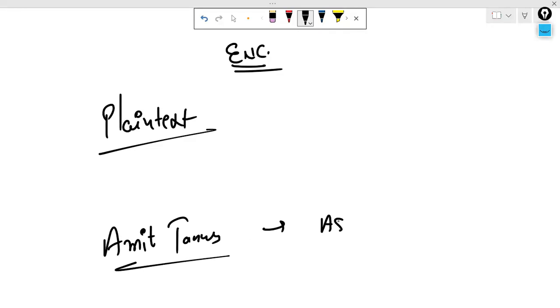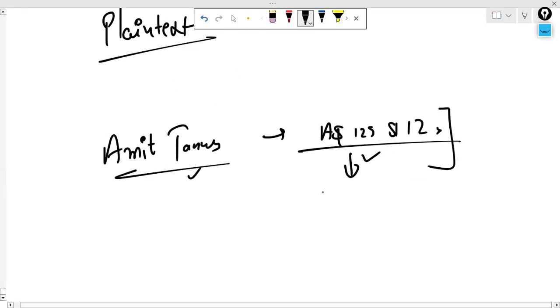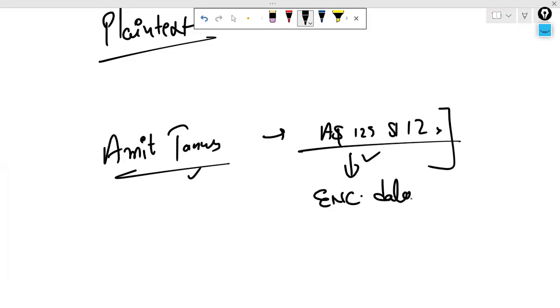But if I ask you what this is, this is known as plain text, and this is known as encrypted data. Just note it down: one is encrypted data, and the other is ciphertext.